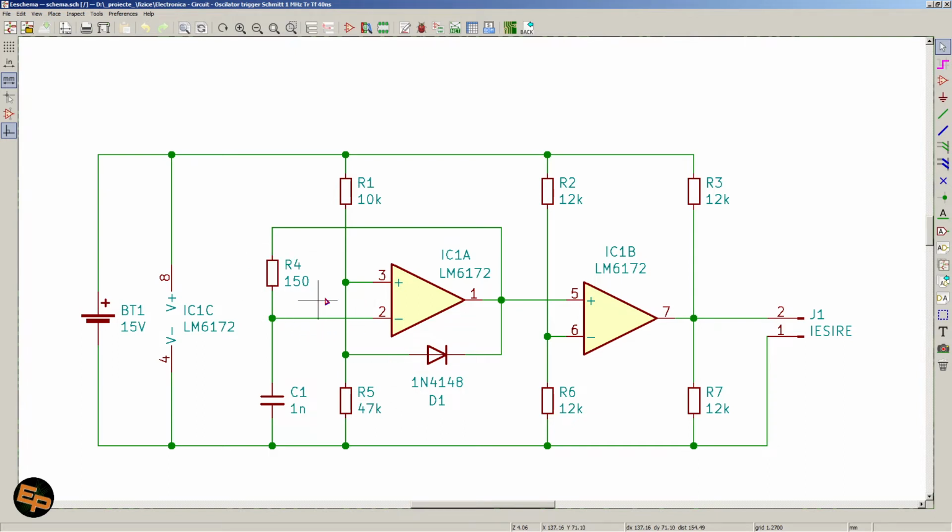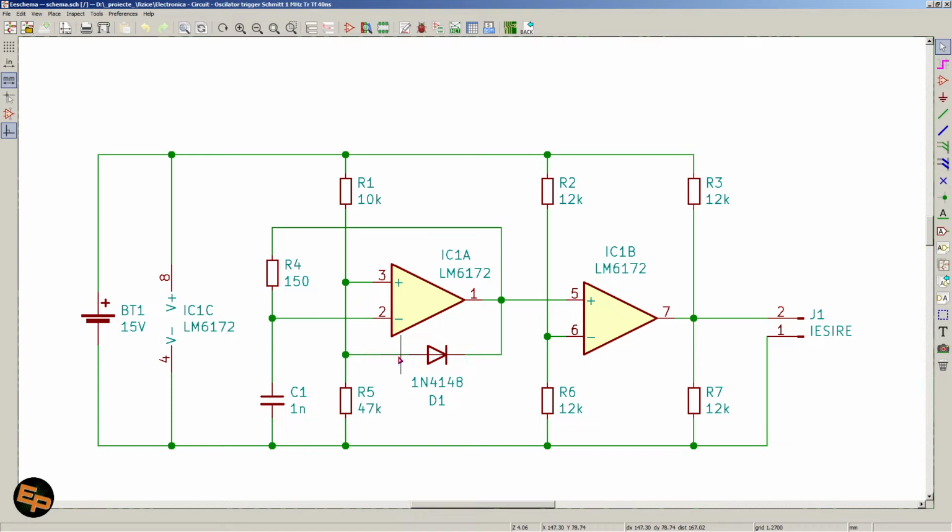And also we have R4, a resistor that charges and discharges this capacitor, connected straight to the output of the op-amp. The idea is that when we power on this circuit for the first time, this capacitor is of course discharged, and because it's discharged, the voltage across it is 0.